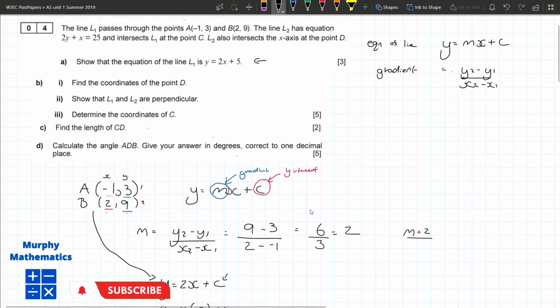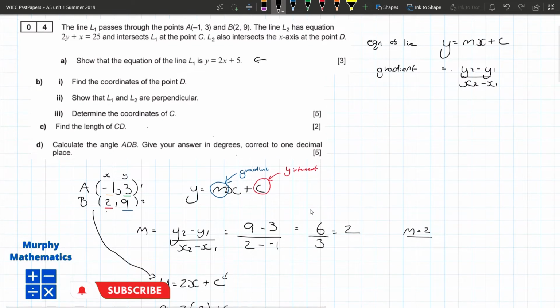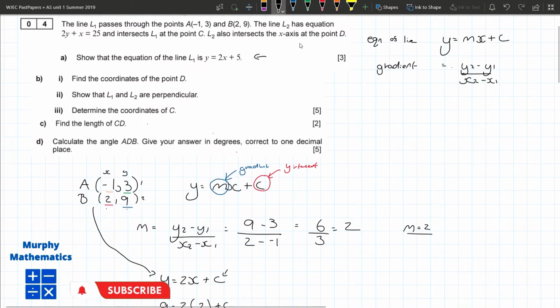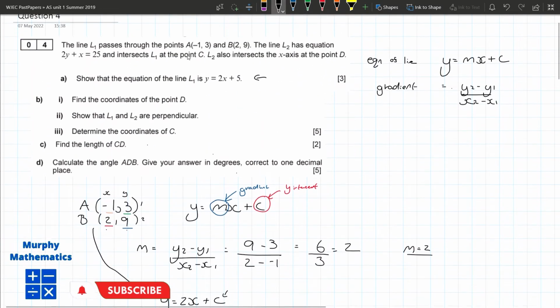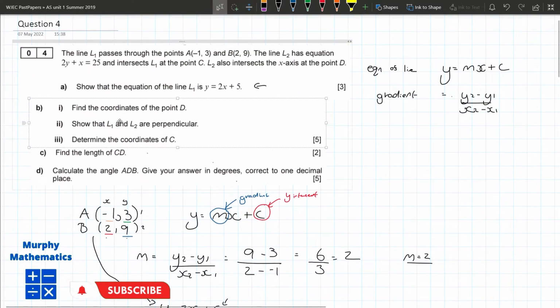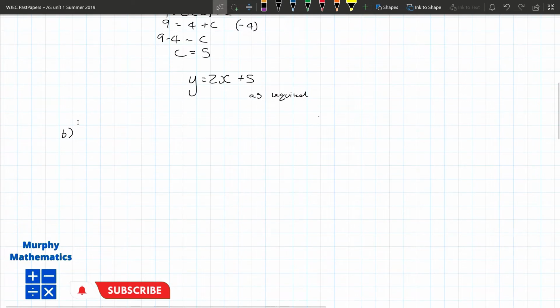Okay, so now let's have a look at part D. Find the coordinates of the point D. We've been told in our question that point D is where L2 intersects the x-axis. Okay, so we need the line 2, which is 2y + x = 25. Okay, so part B. I'll bring the question down.